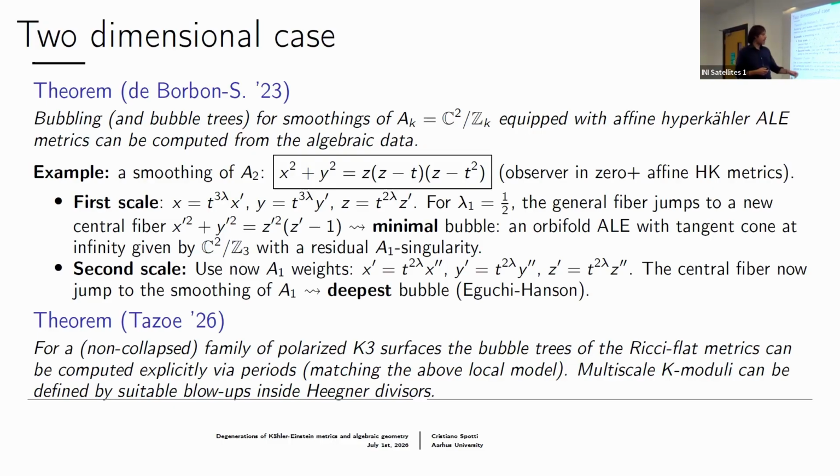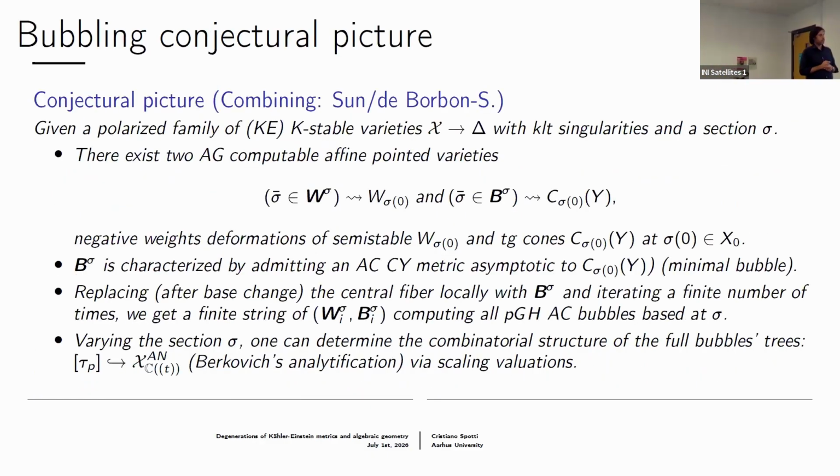Furthermore, one can blow up in the moduli space of K3 along the non-collapsing so-called Heegner divisors, where there are these AD singularity forms. By doing certain iterated blow-ups, you can construct some sort of multi-scale K-moduli, analogous to the Deligne-Mumford compactification in the original case, also for this situation.